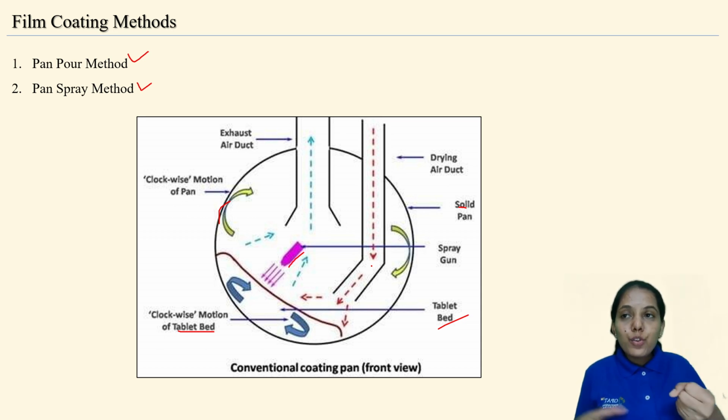Simultaneously the coating and the drying should take place, because if the coating solution is going on, there are chances that tablets will stick together. That should not happen. Simultaneously the drying of the tablet should take place. So here coating solution and here drying air. Because of that, the drying air duct is also there, and this is the exhaust, inlet and outlet. So this is the front view of the diagram.